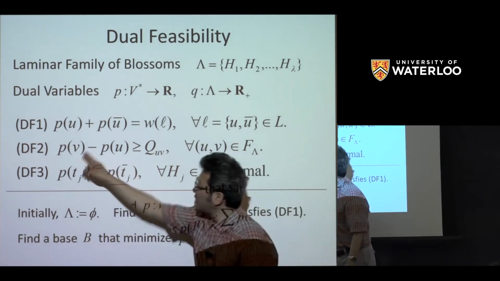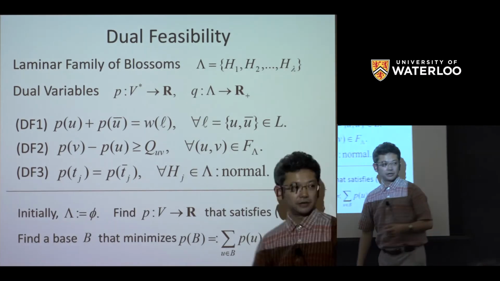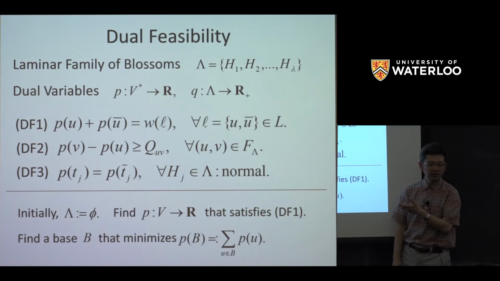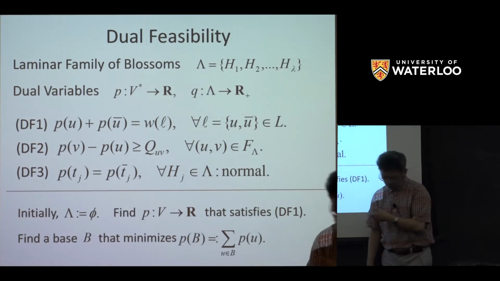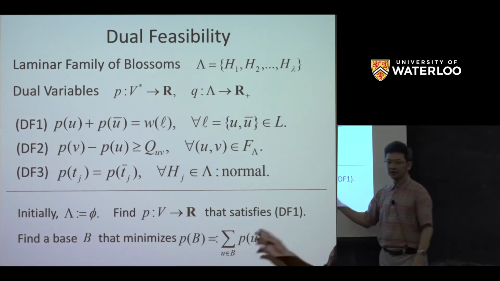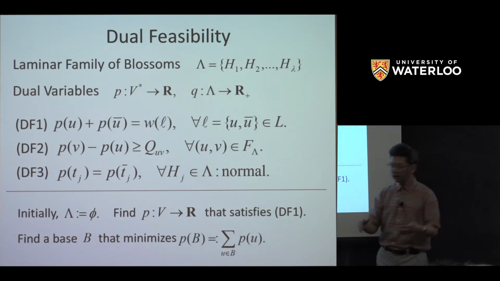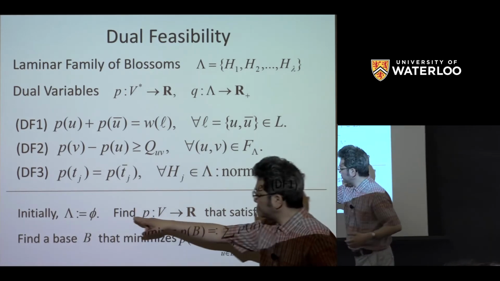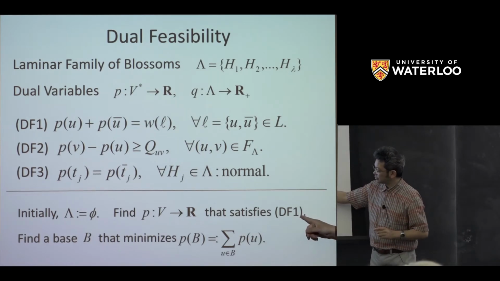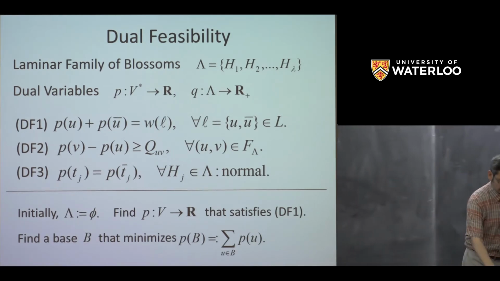That means that if you have an exchange arc between u and v, then P of v must be equal to or larger than P of u. That corresponds to the situation where B minimizes the sum of the potentials of your vertices among all bases. So to start with, we find an arbitrary weight splitting that satisfies the first condition, and then find a base that minimizes the sum of the base.